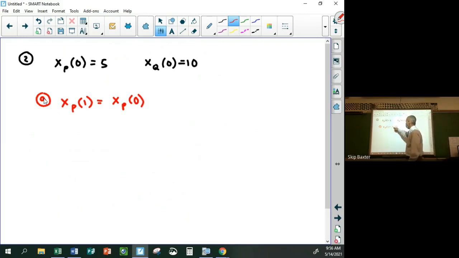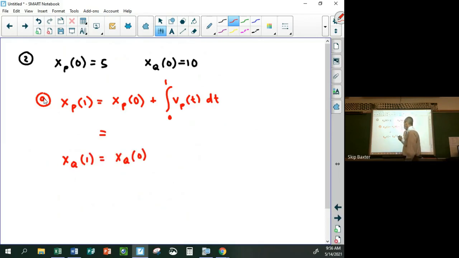So it would be the position at time 0 plus the integral from 0 to 1 of Vp of t dt. That's all you have to write, and then just give an answer. And for xq of 1, it's the same thing. It's just xq of 0 plus the integral from 0 to 1 of vq of t dt. And then give an answer.